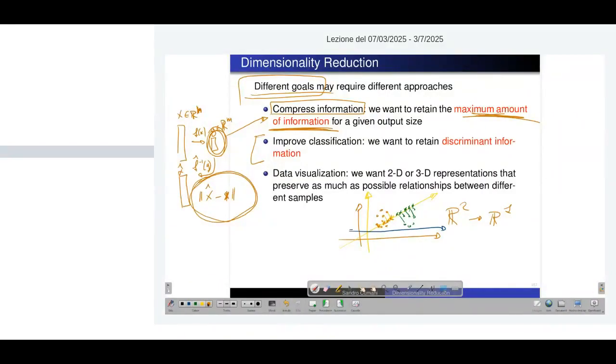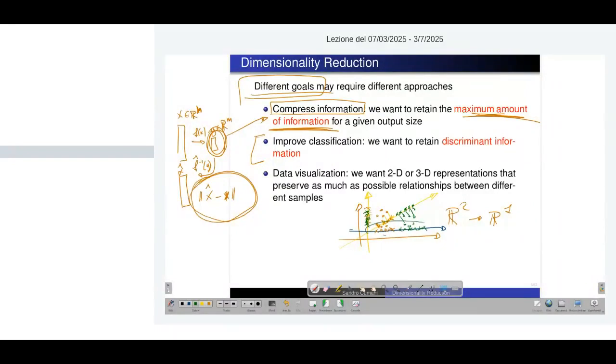In the first case, what happens if I project my samples? The green projections will overlap a lot with the red ones on this vertical line. If I were to project on the horizontal line, then the projections of the samples would be well separated.